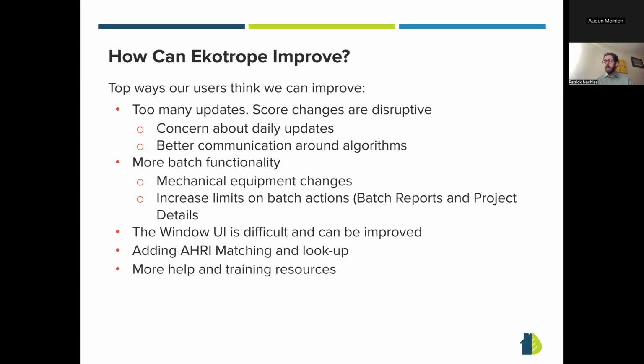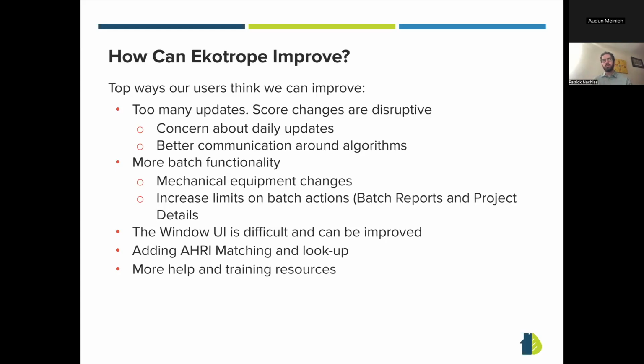Adding AHRI matching and lookup was highly requested. That's something we're actively working on now, where if you enter a model number into the mechanical equipment component, we will work to match it with AHRI documentation. We're really excited about that, and hopefully it can help save your team time.